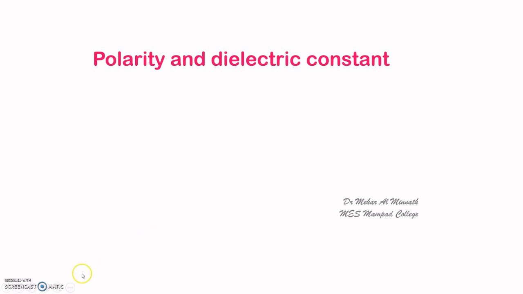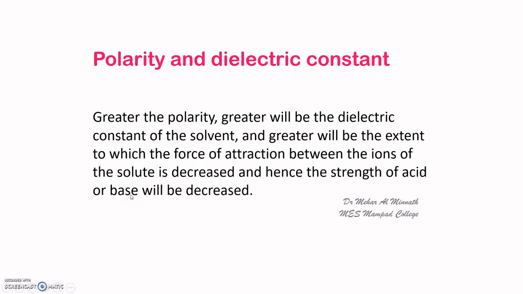Alright, now coming to the next factor, that is polarity and dielectric constant of the solvent. Now greater the polarity, greater will be the dielectric constant of the solvent, and thus greater will be the extent to which the force of attraction between the ions of the solute is decreased and the strength of the acid and base will be decreased.